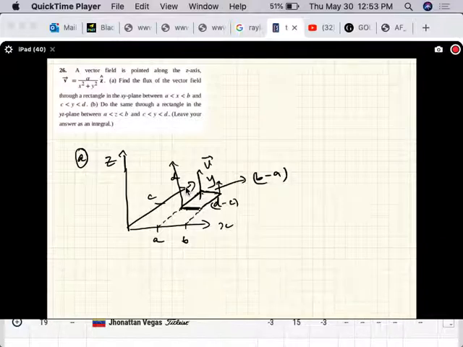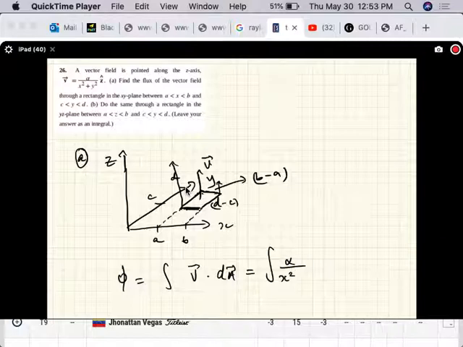Okay. So the flux for the vector field is given by v dot dA. I'm just going to write it here. V, the vector field, is alpha over x squared plus y squared z hat, and dA is dx dy z hat. The area vector is also pointing in that direction, and so the z hat.